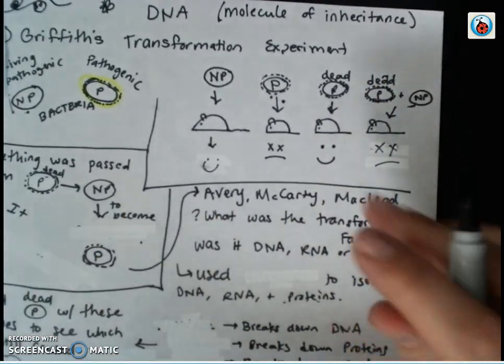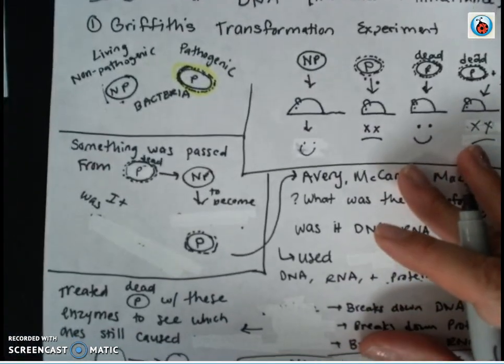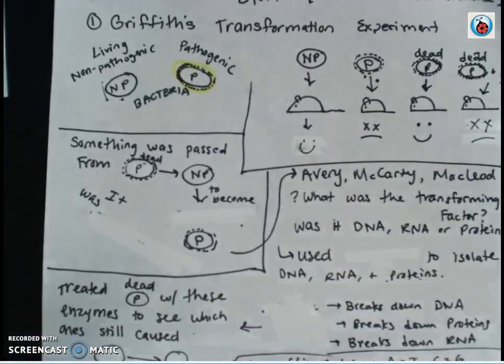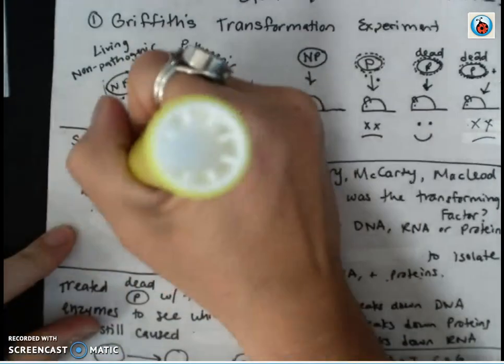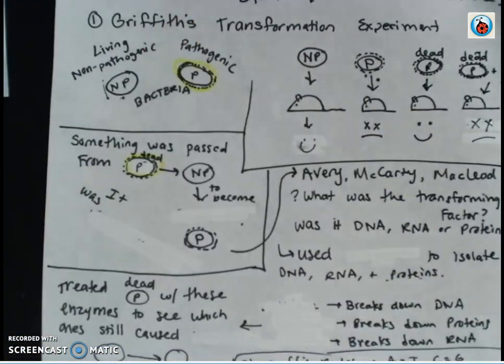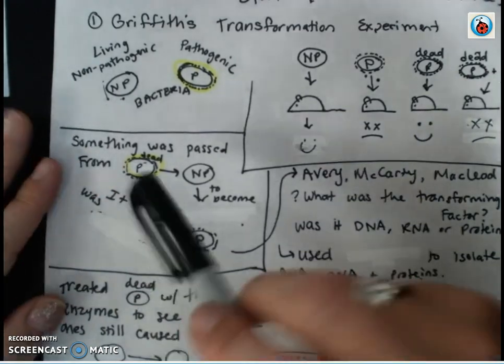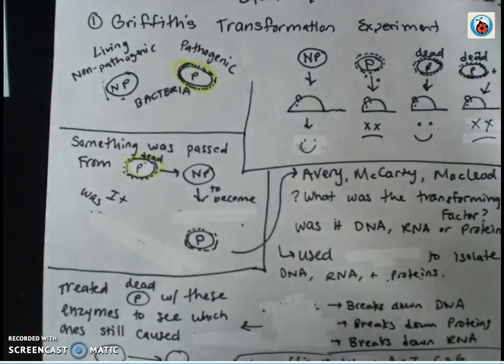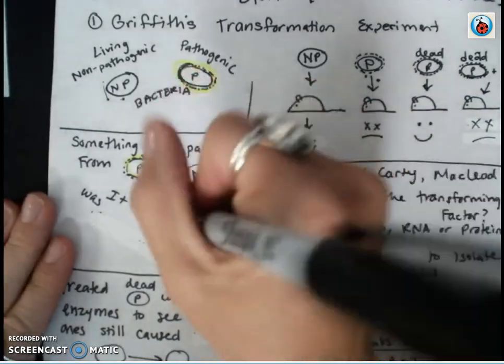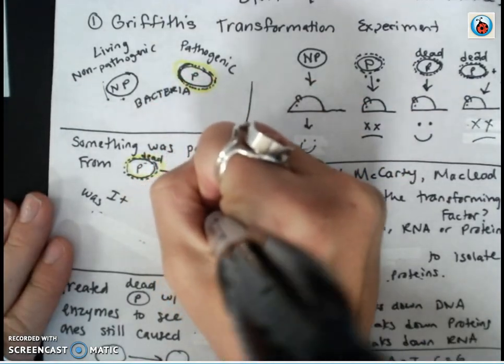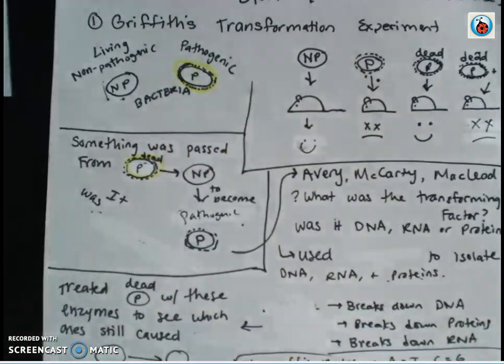And so here Griffith was like, oh my gosh, something was being passed from this dead pathogenic bacteria, which on its own does not cause disease. It was being passed to the non-pathogenic bacteria, and then they became pathogenic. They became disease-causing.